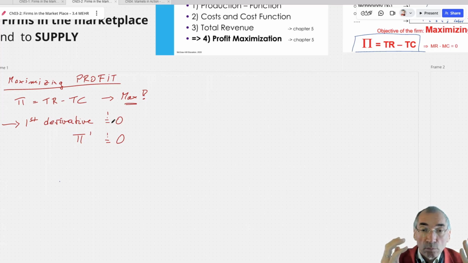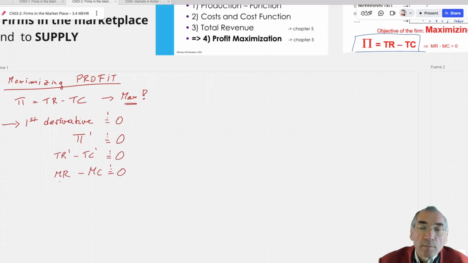Okay, profit should be equal to 0, and we said profit is total revenue minus total costs. When we derive this, then we could either say pi prime equals total revenue prime minus total cost prime, but that's already the same as marginal revenue and marginal cost. That should be 0.